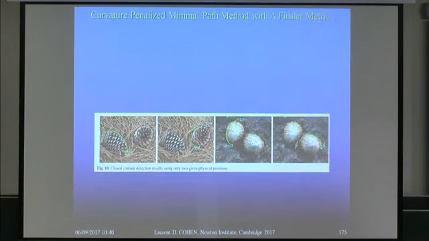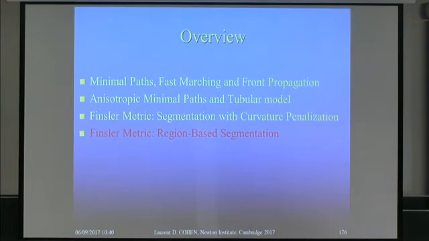Okay, so this was the first application of Finsler metric to reintroduce curvature penalization in minimal length path. Now, a second recent application of this Finsler metric is to include region-based segmentation in minimal geodesics.